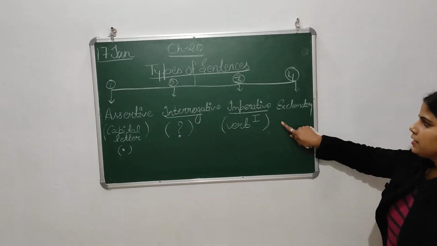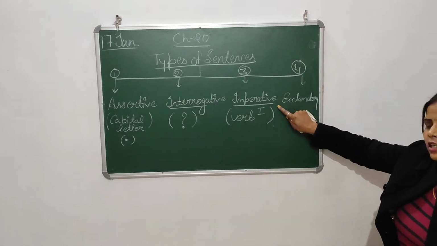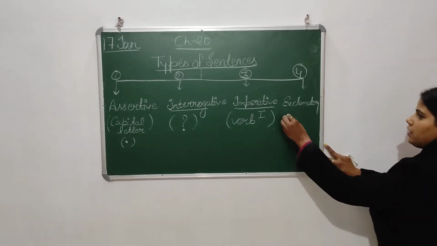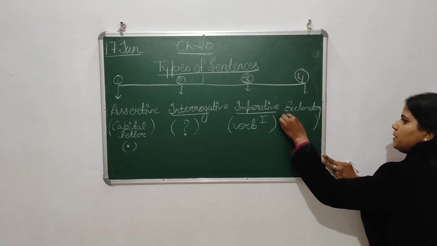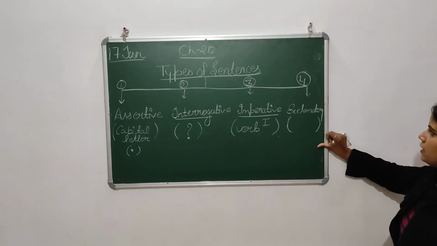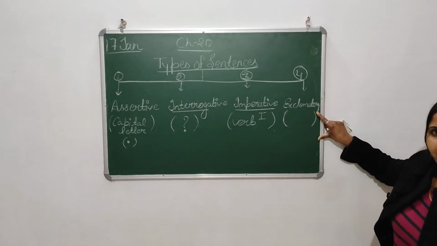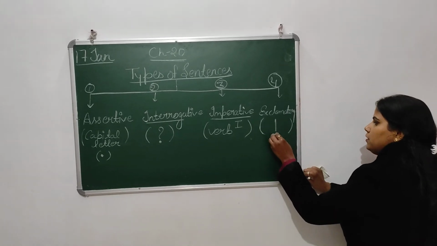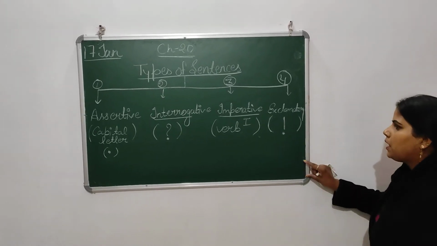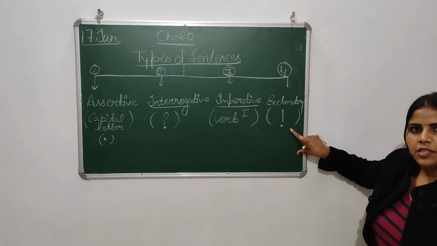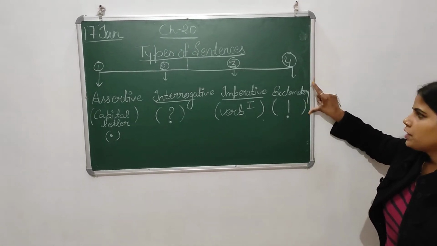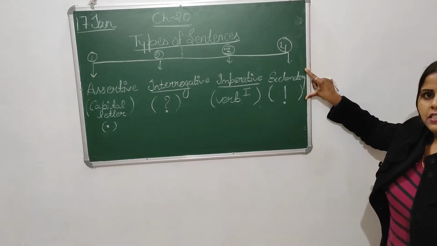It means this kind of sentence always starts with the first form of the verb. And the last one is the exclamatory sentence, which gives the sense of sudden reaction. This sentence always contains a mark which is known as the exclamation mark. So this mark makes it easy to find out exclamatory sentences.